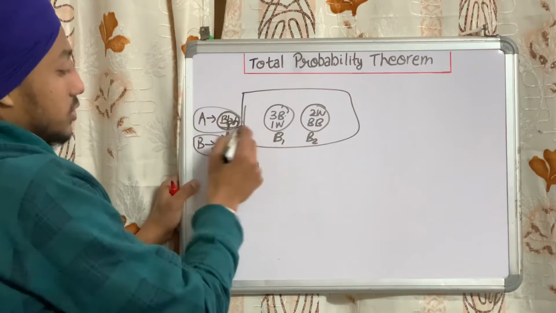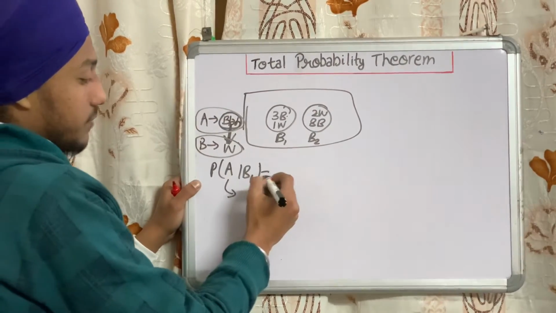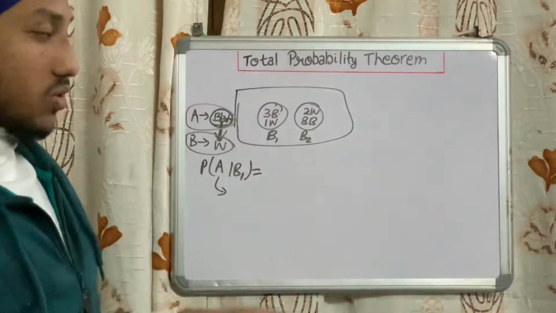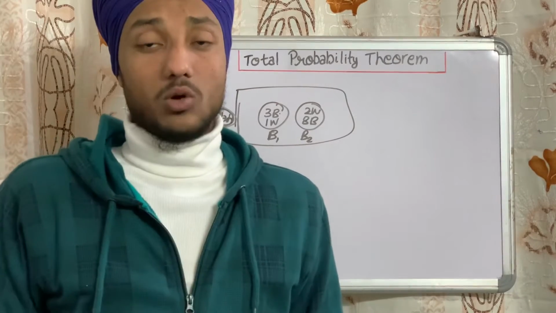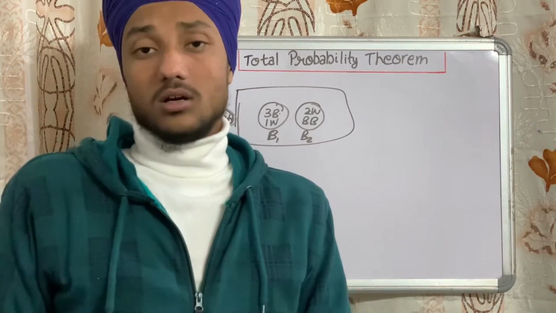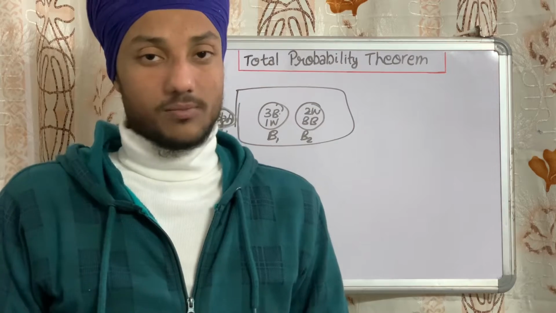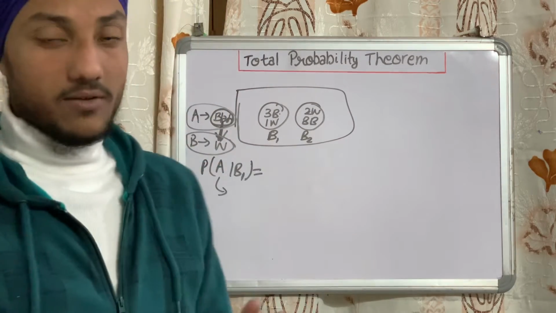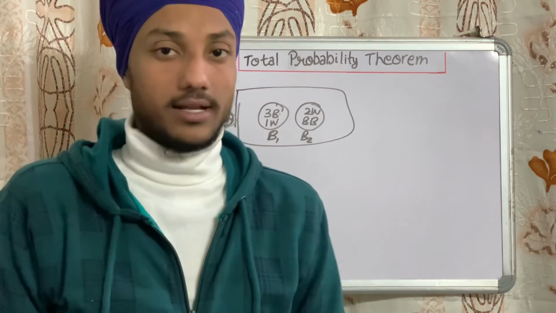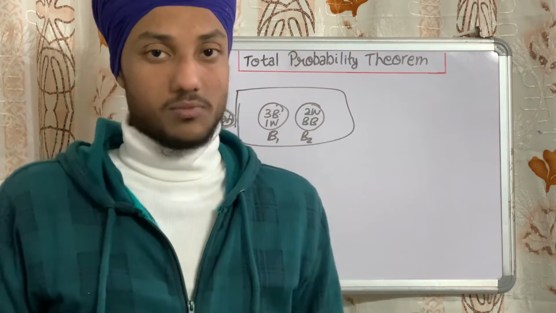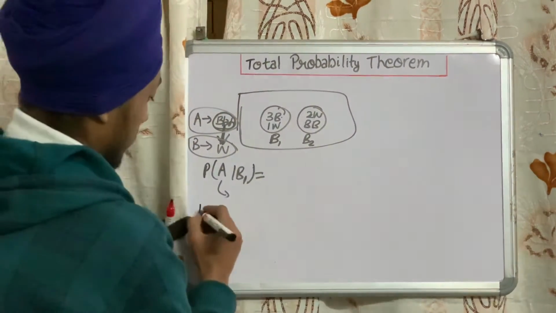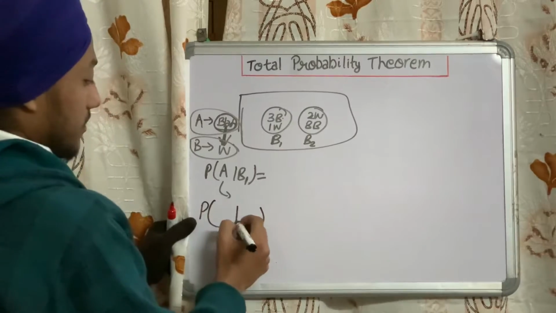So I have to find the probability that A happens, that is, the black ball is from bag number one. This is a very easy concept which we did in the previous lecture, conditional probability.